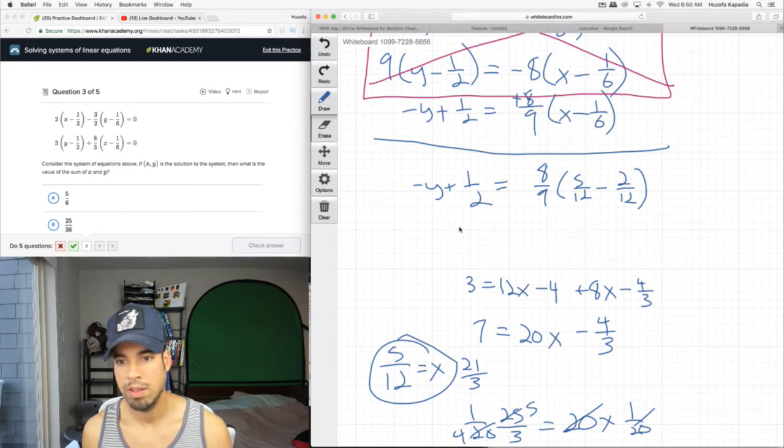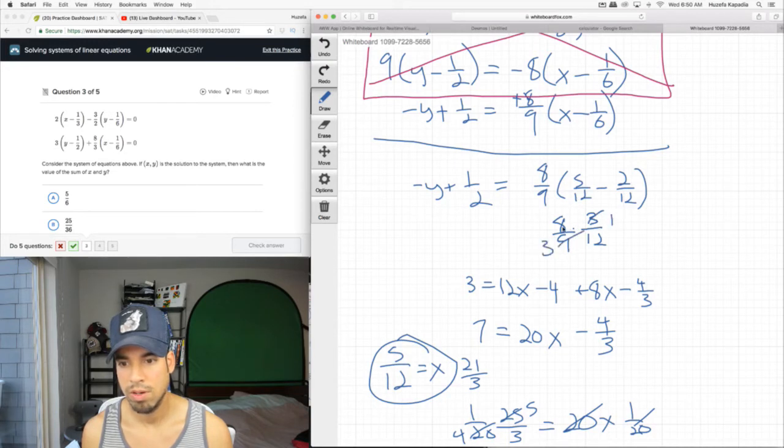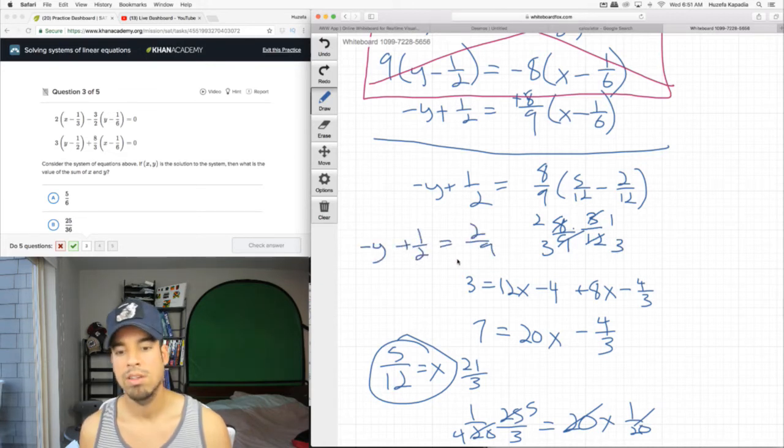All right, and then we get 3/12 times 8/9. Cross cancel. So that's 2/9. Negative y plus 1/2 equals 2/9.